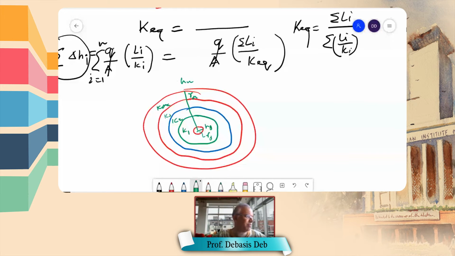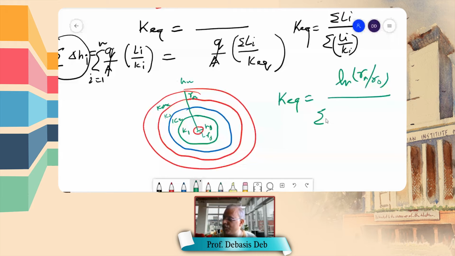And let me give you the formula so that you can try it at home. So K equivalent equals ln Rn by R naught, divided by the summation of ln Ri by Ri minus 1, divided by Ki. Okay. This will be the formula if you derive it.